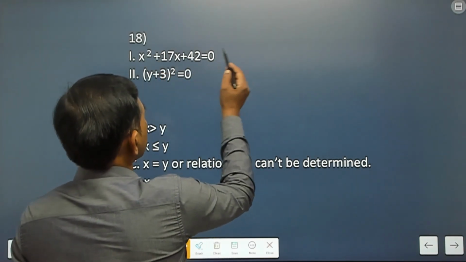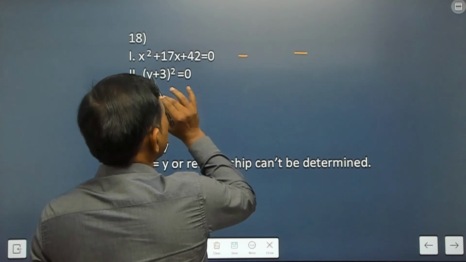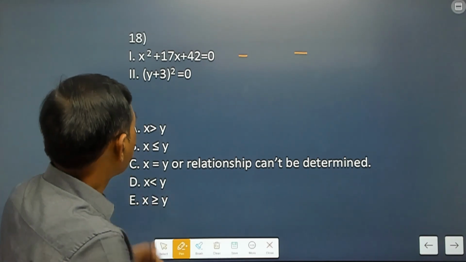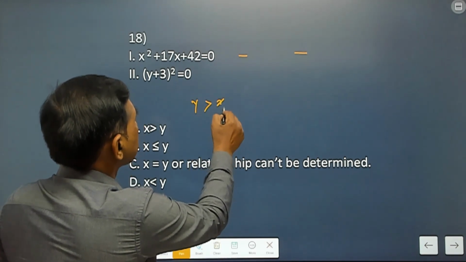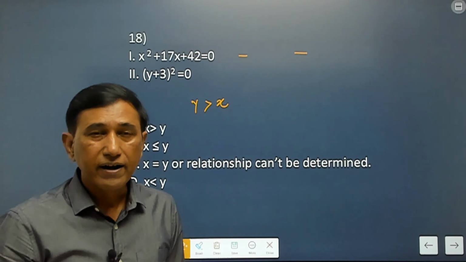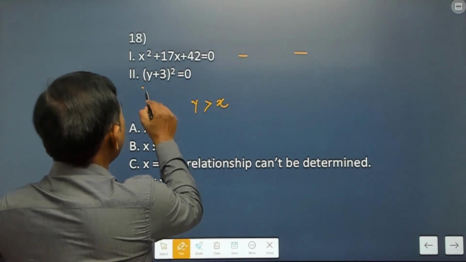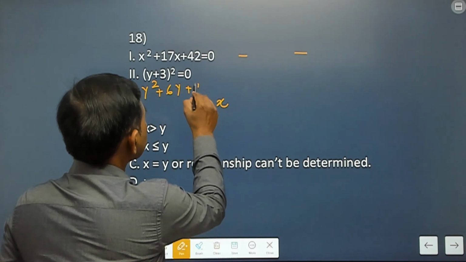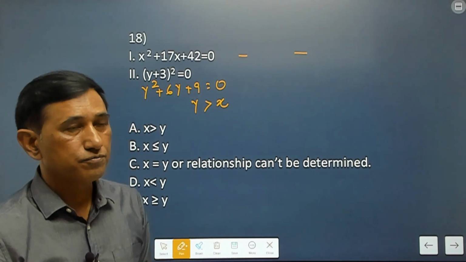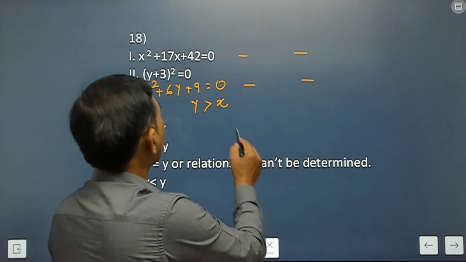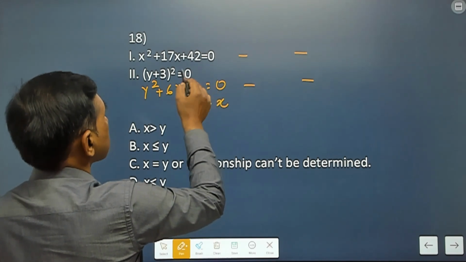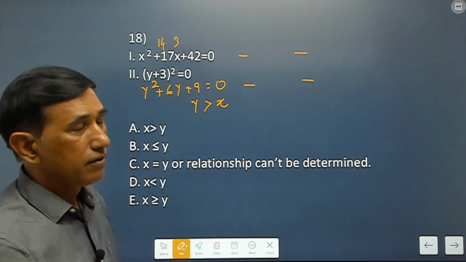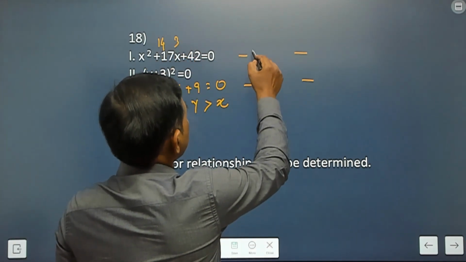Here, both the roots minus. Here also, both the roots minus. Since it is a smaller number, most probably y is greater than x. Since both the roots are negative and it is a smaller, y square plus 6y plus 9 is equal to 0. So this is giving you root 14 and 3, 14 3s are 42, 14 plus 3, 17.